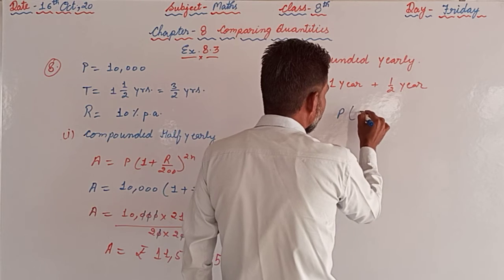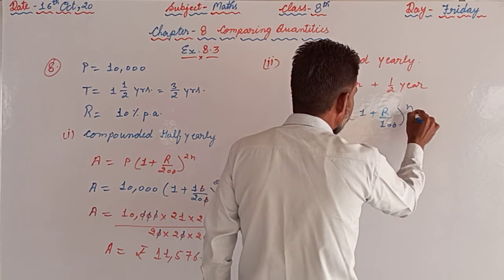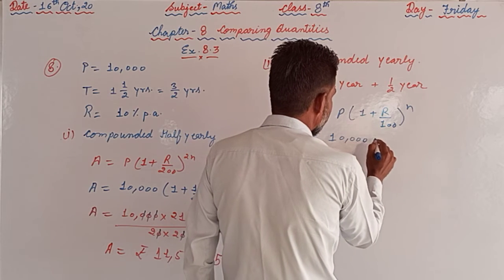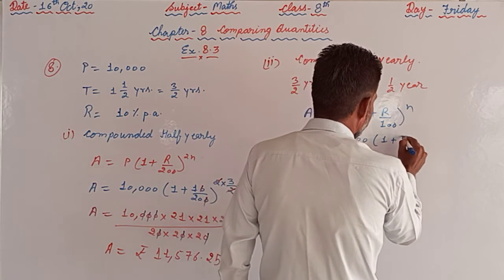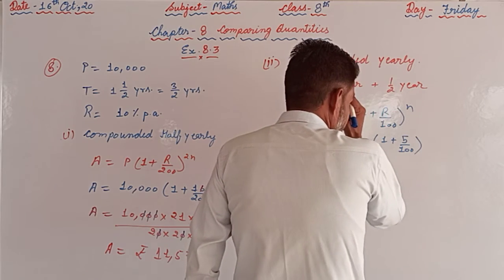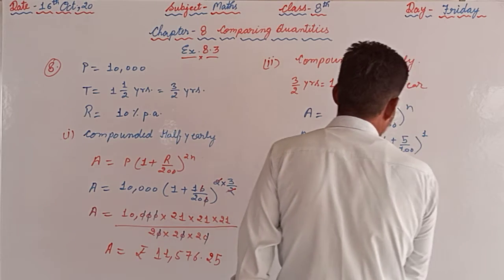So P into 1 plus R upon 100 raised to power n, and the amount will be 10,000 into 1 plus 10 upon 100 raised to power 1.